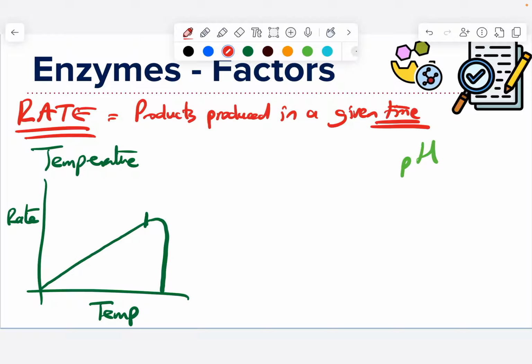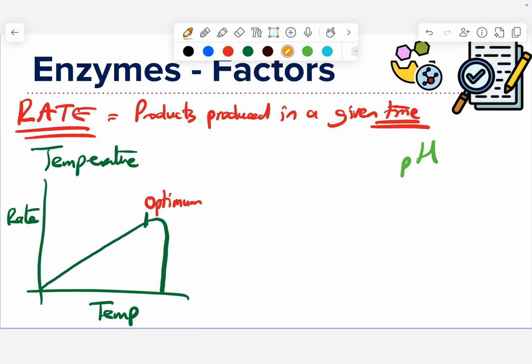So key things here. This is called the optimum, which is the best temperature. Okay, you need to be able to explain why.